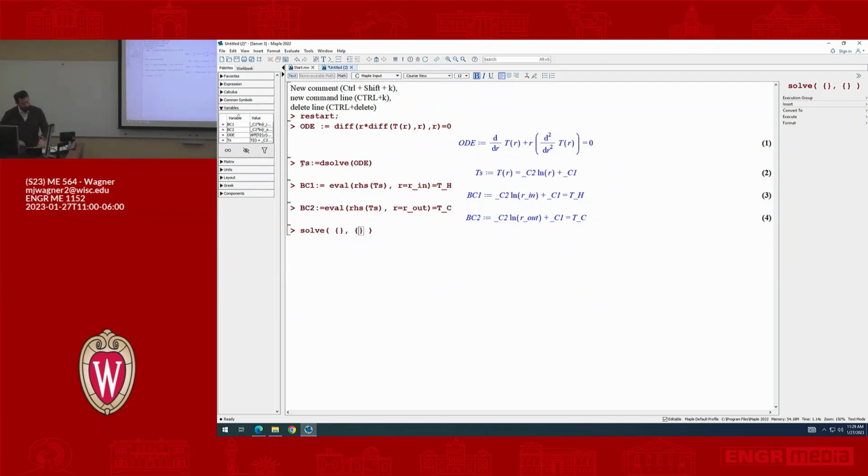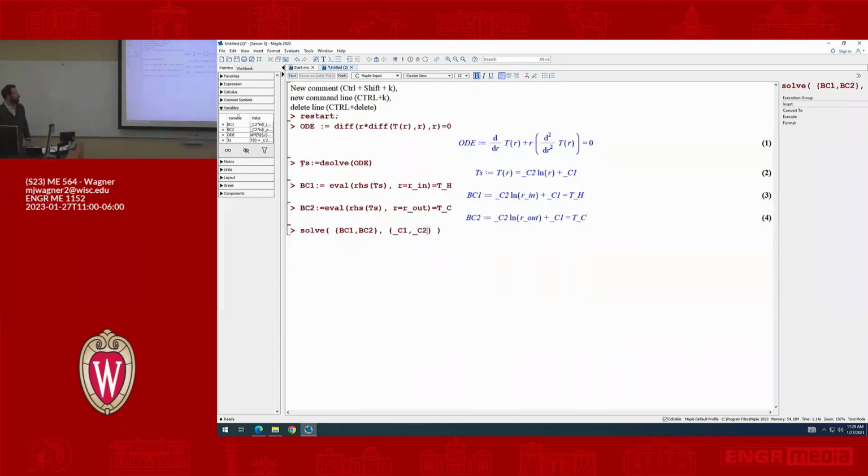Okay, so let's see. We are solving for BC1, comma BC2, and the unknowns are C1 and C2.